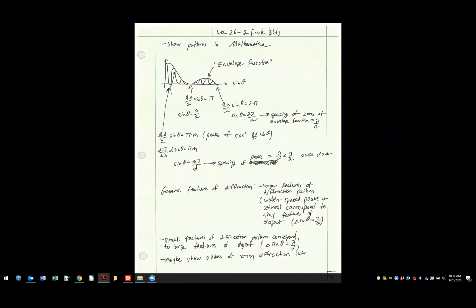The second thing to notice is that when we multiply two functions, we get the sinc function, which is oscillating like this, and then we get the cosine squared of kd over 2 sine theta, which is oscillating more rapidly.